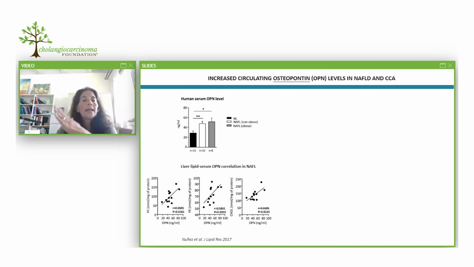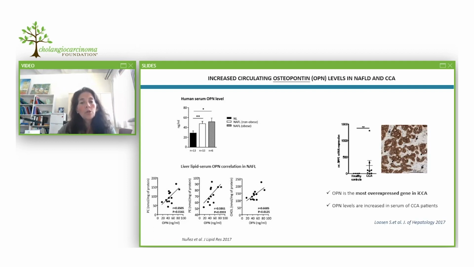We know that osteopontin is increased in serum of non-alcoholic fatty liver disease patients. Two years ago, we found that the osteopontin levels in serum correlate with intrahepatic concentration of phosphatidylcholine, phosphatidylethanolamine, and cholesterol. But we also know that osteopontin is the most overexpressed gene in intrahepatic cholangiocarcinoma, and that osteopontin levels are increased in serum of cholangiocarcinoma patients.